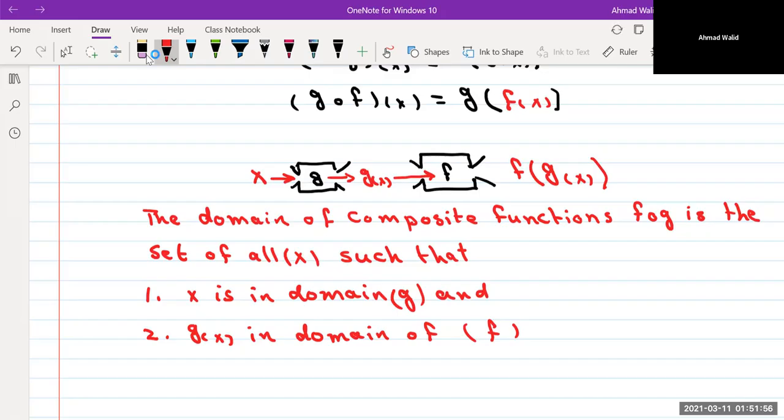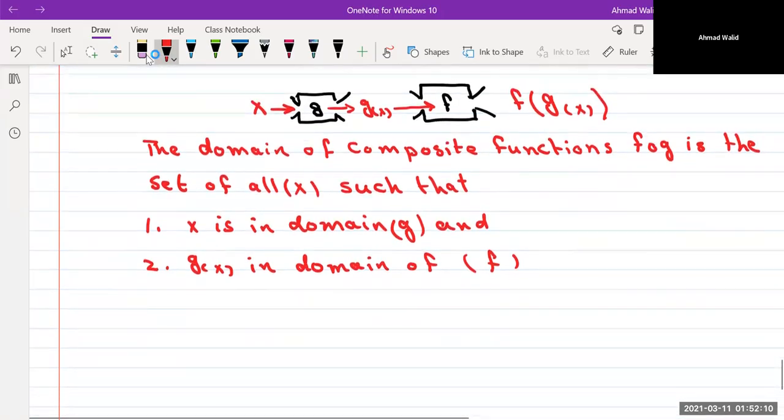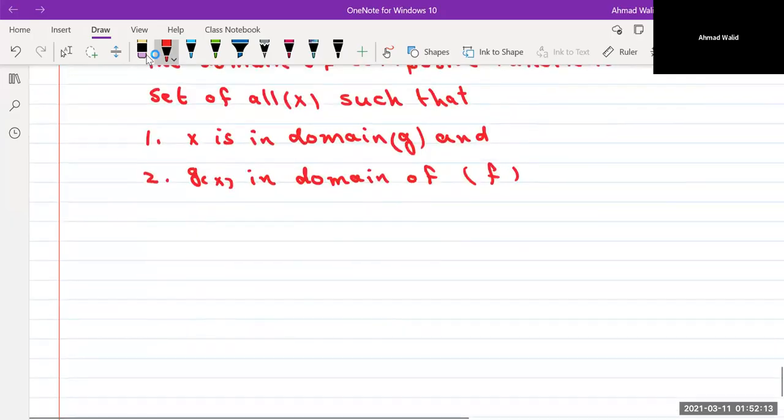Whatever restriction you have in g, or if g is a restriction for f, you have to remove that restriction from the domain, correct? This is the explanation here that I put for you. Now, let's do an example.